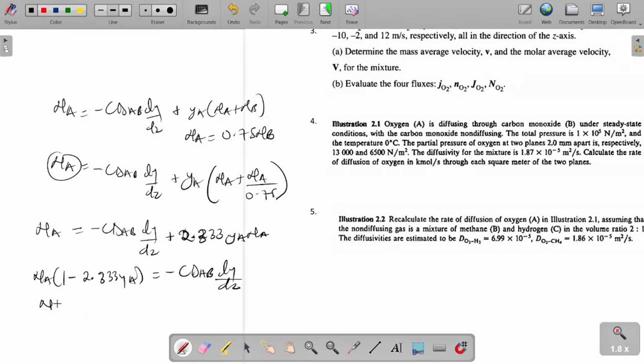Over here, NA times change in Z. When the Z comes over here, I integrate from Z1 to Z2.